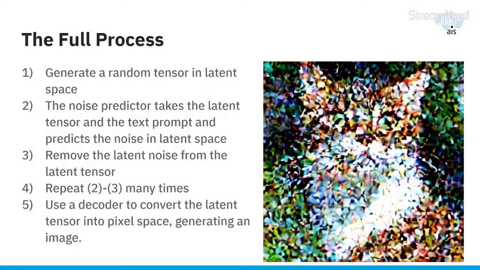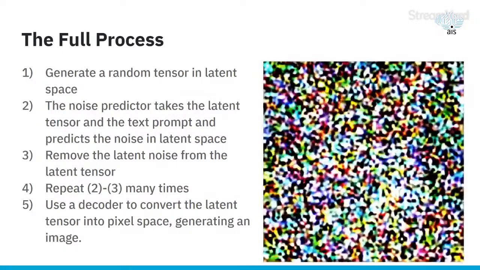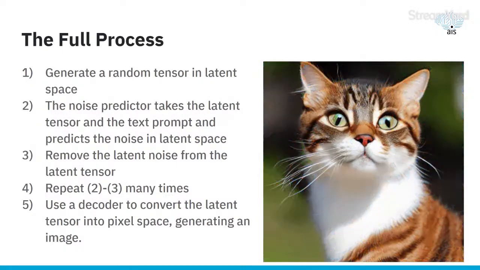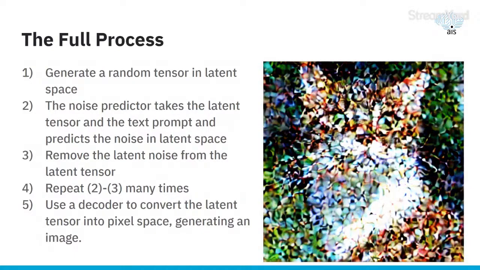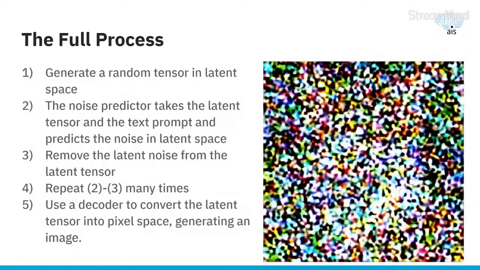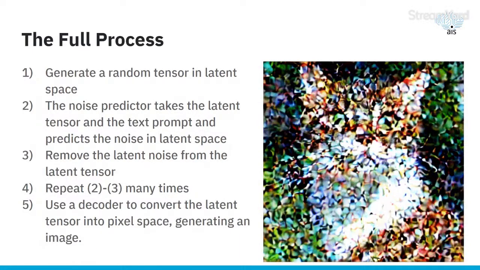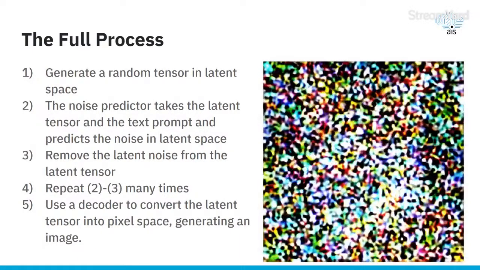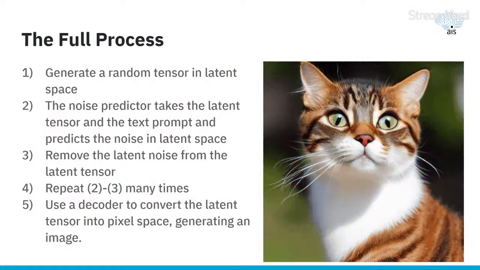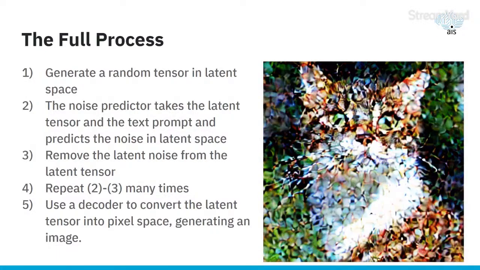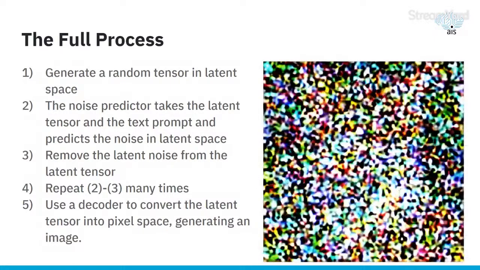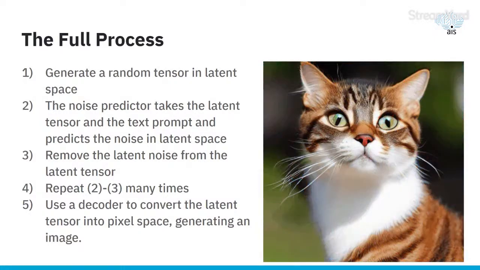So the whole process, this is just an example I give of how that works. First of all, we make a random tensor in latent space. In other words, it's basically just making a random image, just pure noise. You want to take that noise and have a noise predictor predict where the noise is. It also takes in a text prompt.